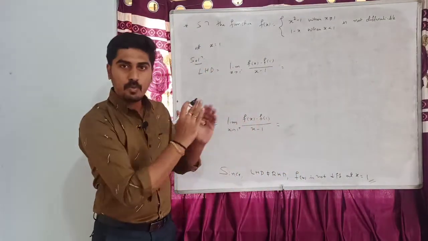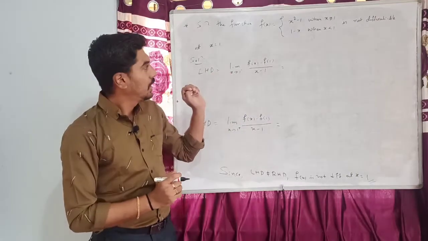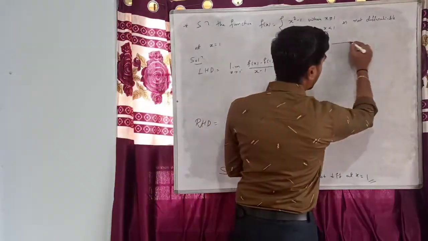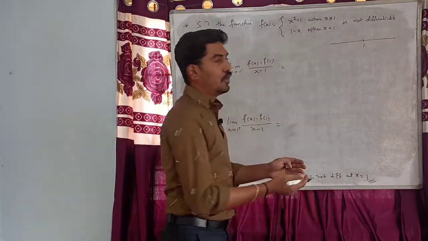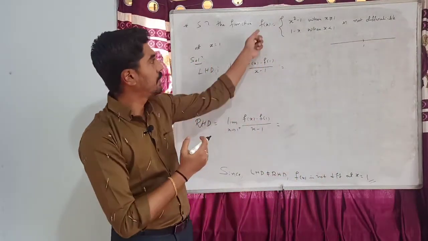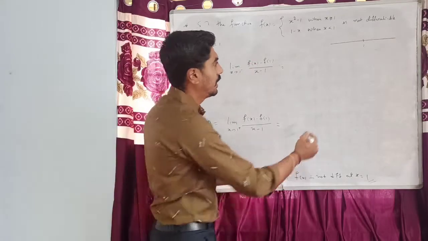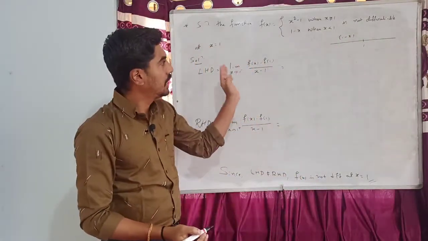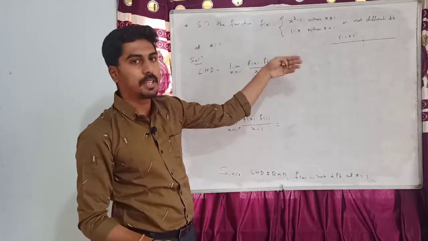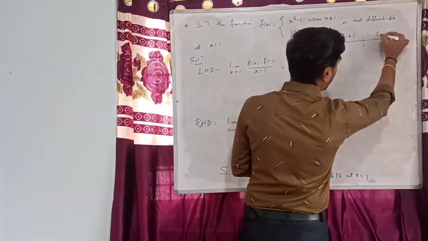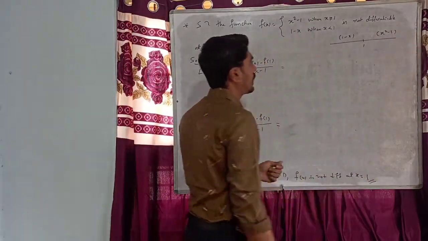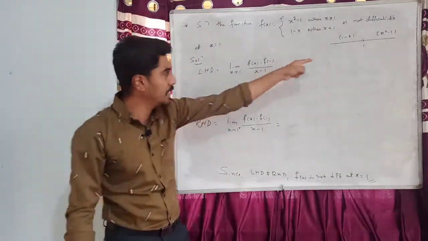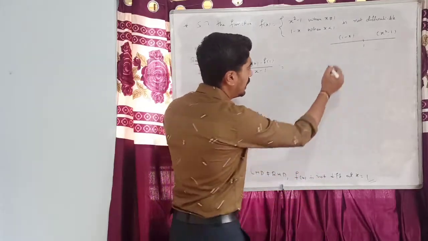There is one more way of doing this problem. If I observe this function on the real line, for the values less than 1, the function is defined as 1 minus x, and for the values greater than or equal to 1, the function is defined as x square minus 1. When finding the left hand derivative, we are approaching 1 from the left hand side.